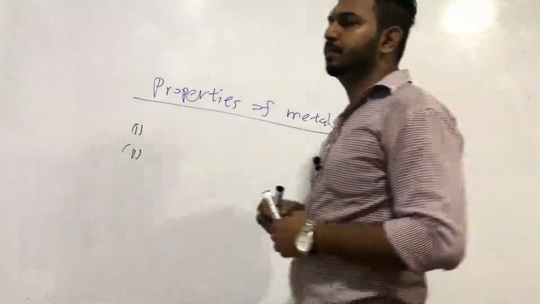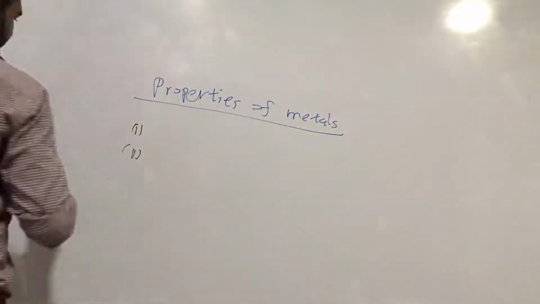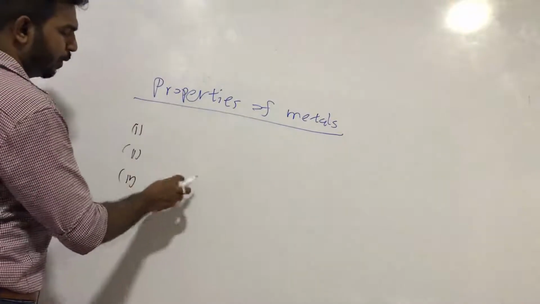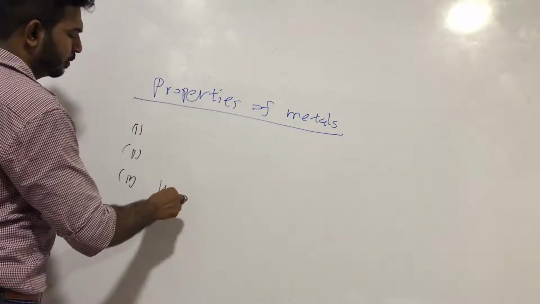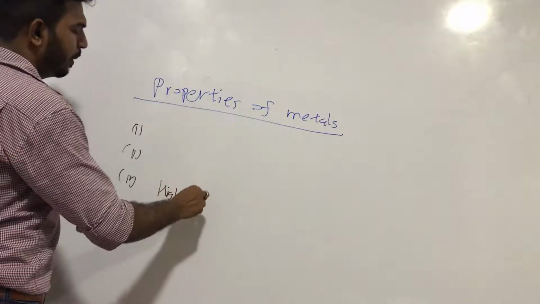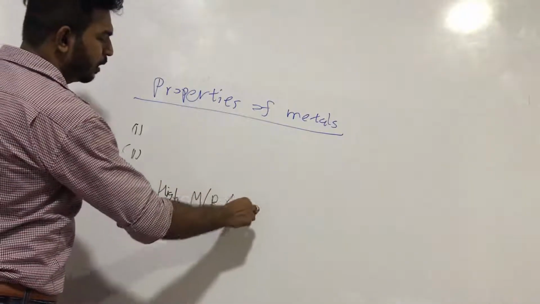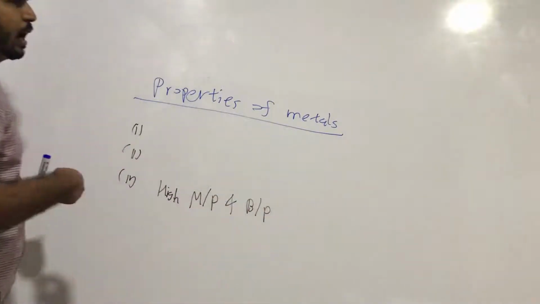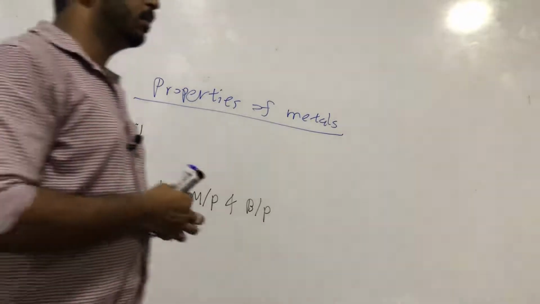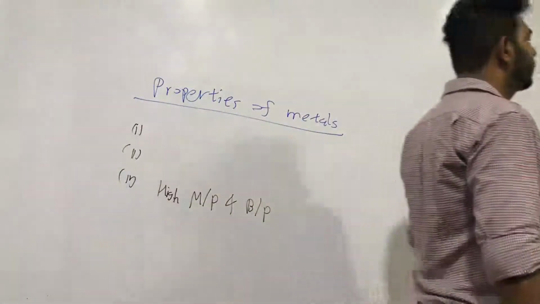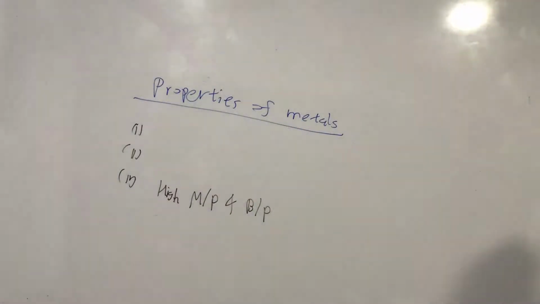Third one, high melting point and boiling point. High melting point and boiling point due to lattice strength.